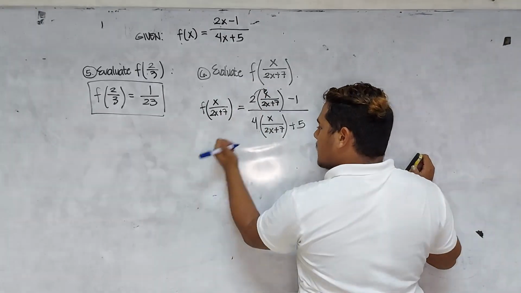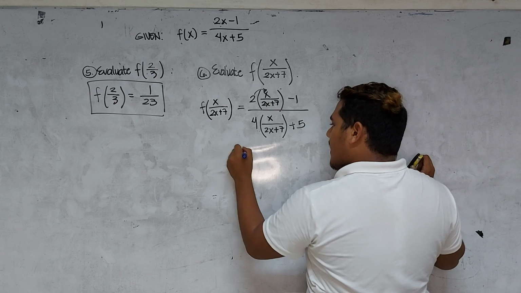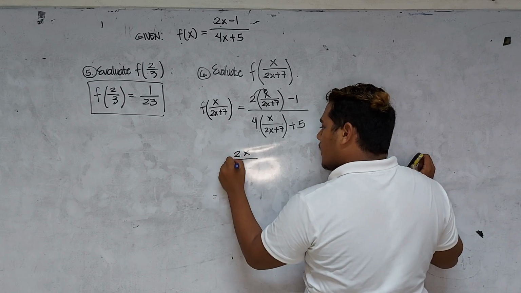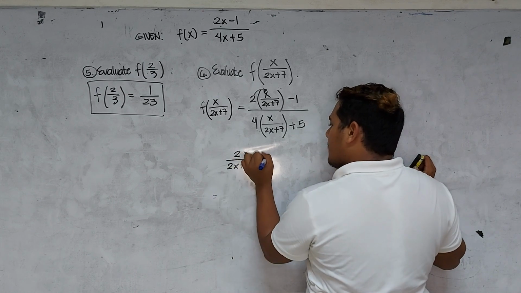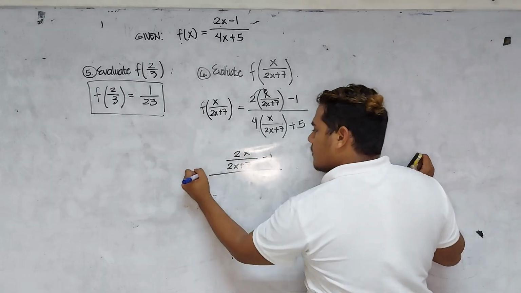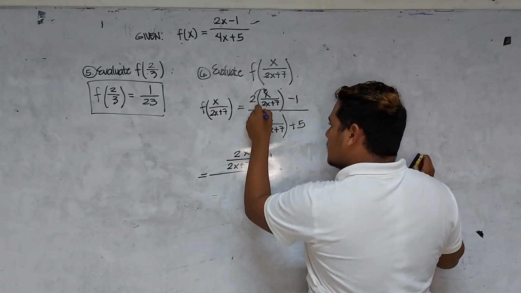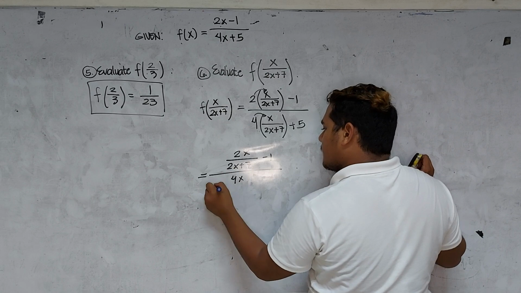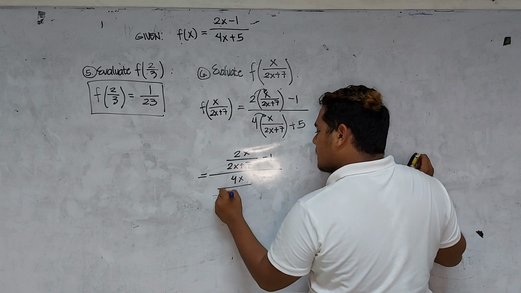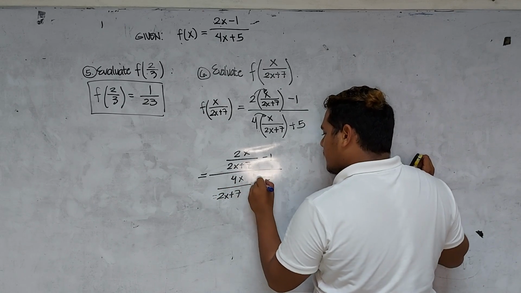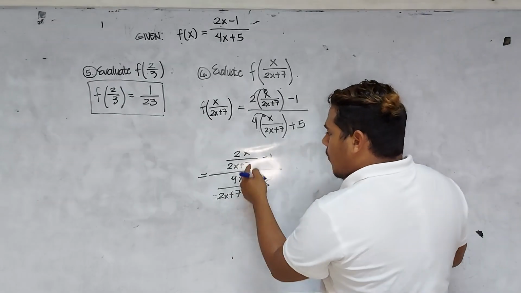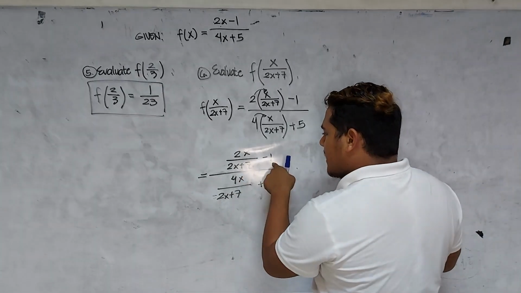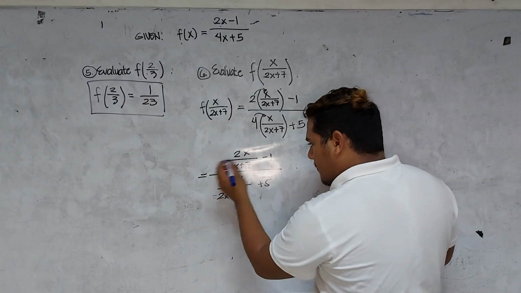Distribute. That will become 2x over 2x plus 7 minus 1. Distribute 4x over 2x plus 7 plus 5. Continue. What is the common denominator between this and this? Again, the denominator itself.